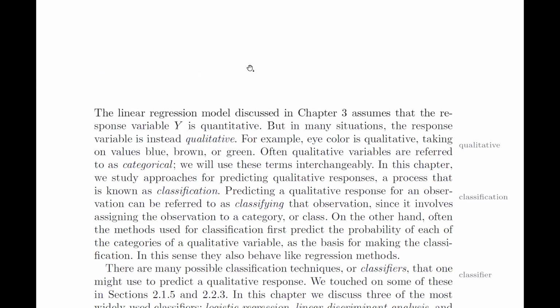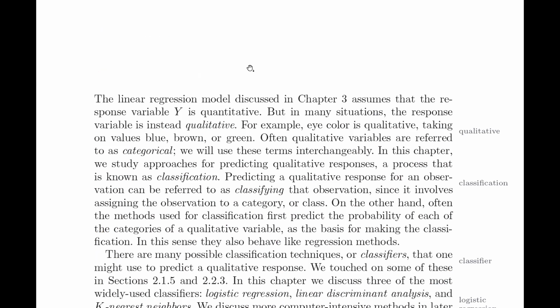Let's get started. The linear regression model discussed in chapter 3 assumes that the response variable Y is quantitative, but in many situations, the response variable is instead qualitative. For example, eye color is qualitative, taking on values blue, brown, or green. Often, qualitative variables are referred to as categorical.